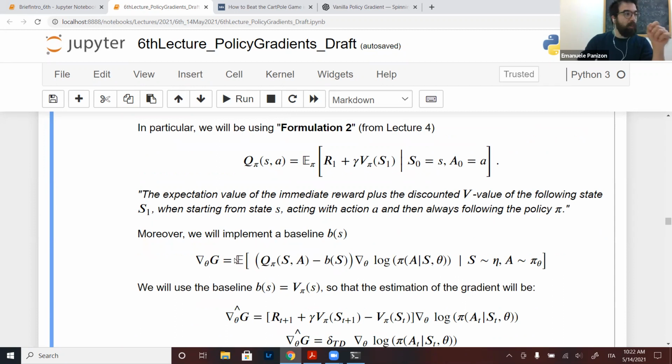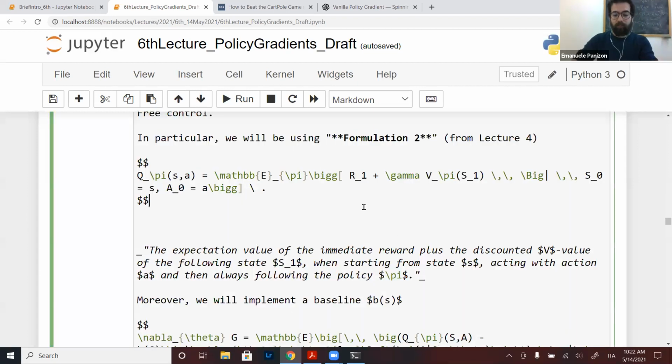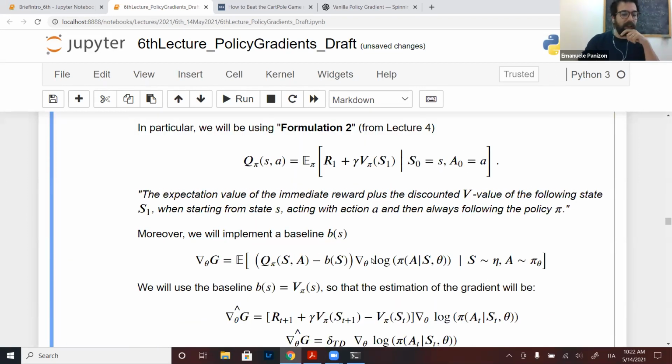What happens if I'm only considering the expected value of a function of the state times the derivative of the log of the probability? The derivative of the log of the probability is the derivative of the probability divided by the probability. So we are computing the expected value of some function of S times the derivative of probability divided by probability.